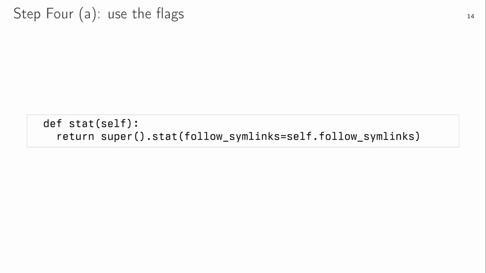Stat already has a flag on the verb to follow symlinks or not, so all I do in my implementation is grab my internally stored flag, self.follow_symlinks. So I'm not changing the operations of anything, it's just how and where the flags are stored and passed along.